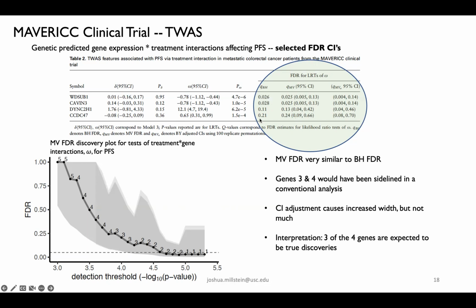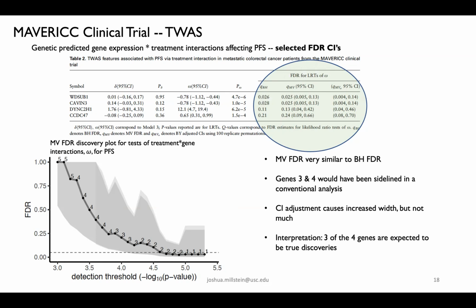Estimated by the BH approach, it's 0.21. If we look at the Q values here for the BH approach and the MV Millstein-Wolfson approach, you can see that the estimated FDR is actually very similar.